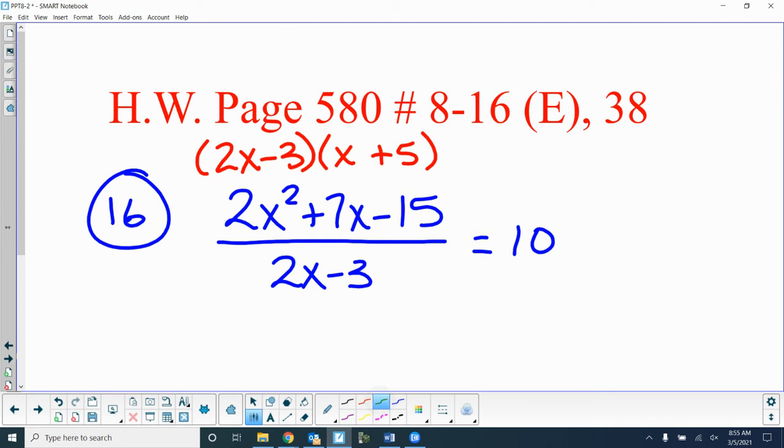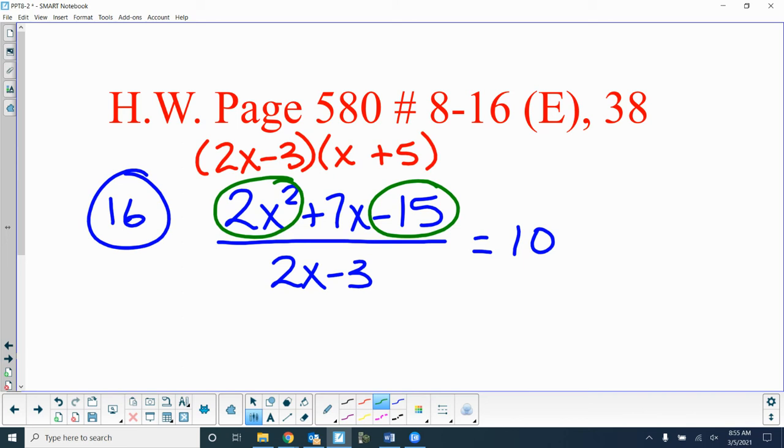I looked at these two. 2x squared divided by the 2x, I get that x. And I did negative 15 divided by the negative 3 to get the positive 5. Then just check it to make sure, but it's going to work. Does that make sense what I'm telling you? A little shortcut for those.